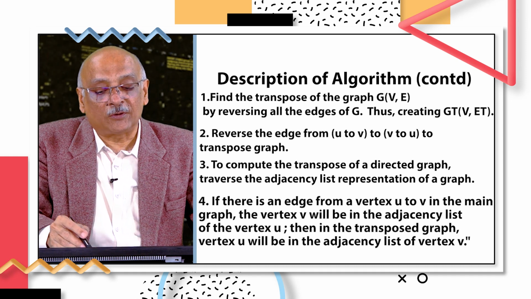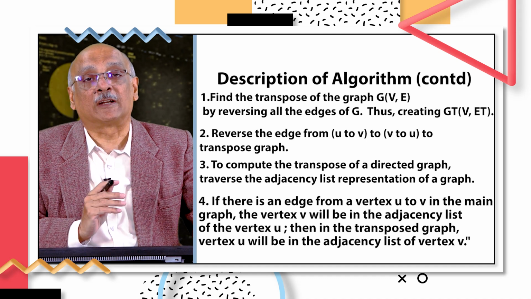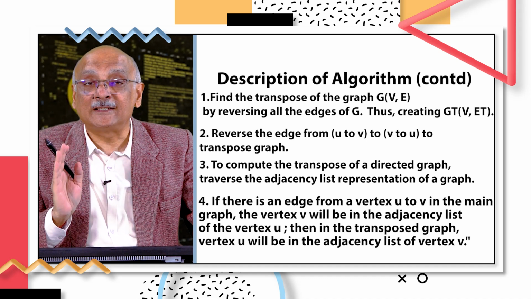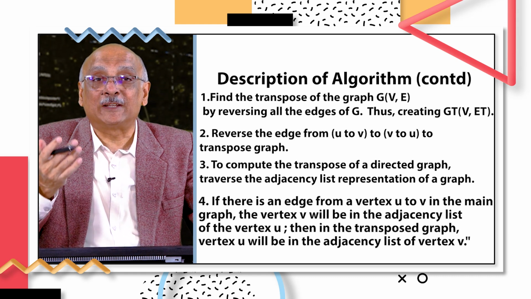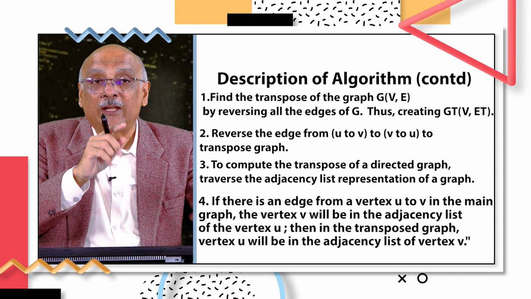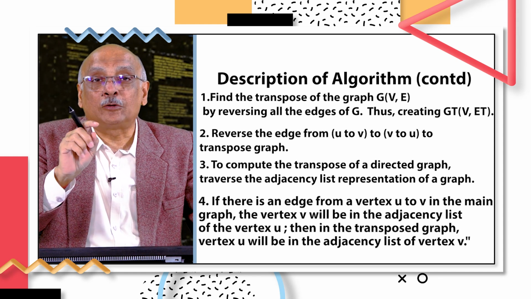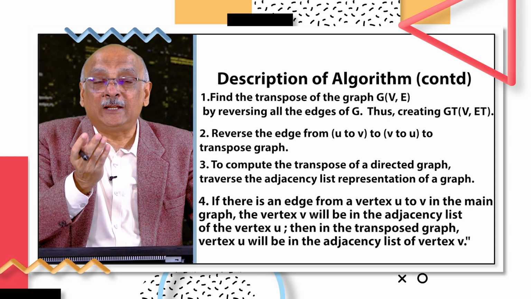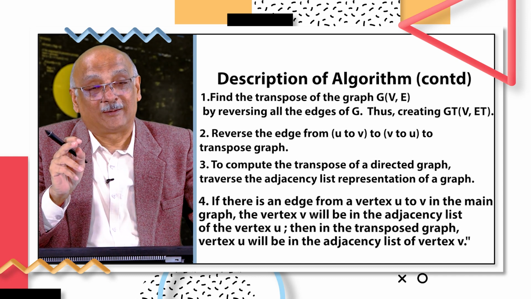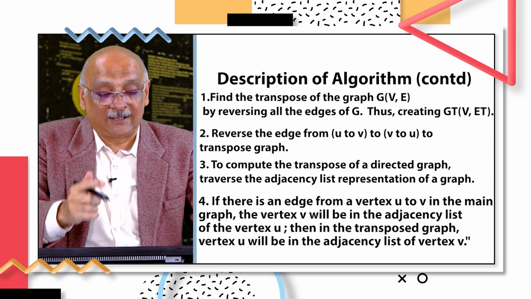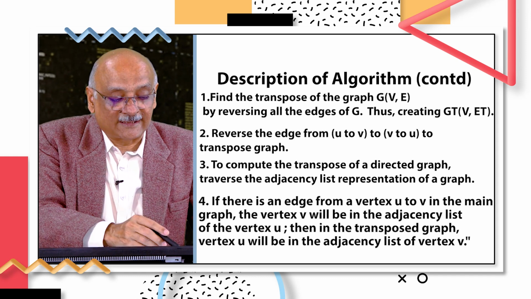To compute the transpose of a directed graph, traverse the adjacency list representation of the graph. We might use the adjacency list representation, and within it we will simply do this activity. If for a node, let us say node A, there is a link to B, now it will be transferred so that there is a link from B to A. That is how the transpose is going to take place, but then you have to search the entire adjacency list.